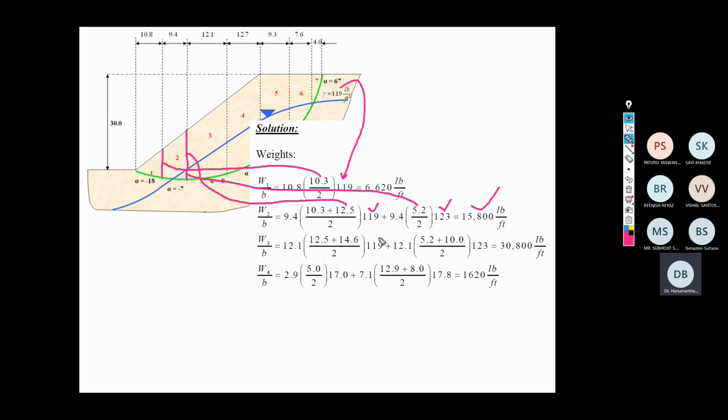Sir, for the second part below the water table, it is not 9.4, no, sir. It should be less than 9.4. Yeah, less than 9.4. Maybe you can take half of 9.4.